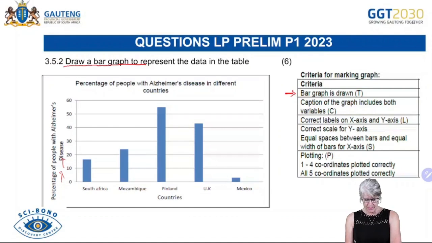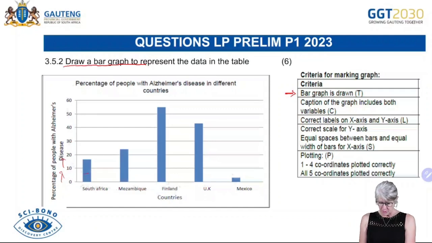All right, so I'm going to then draw my y-axis like that, and the x-axis then is going to have the countries on it. So each country is going to be represented by a bar. And what is very important with that is that when we draw the bar graph, the width of the bars, so from this bar and that bar and that bar, must all be exactly the same.